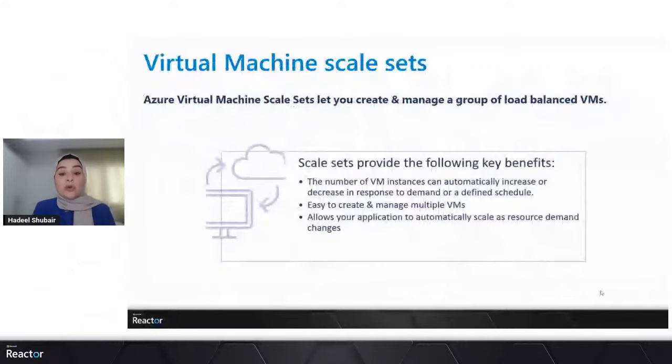It is very easy to create and manage multiple virtual machines with virtual machine scale sets. It also allows your application to automatically scale as the resource demand changes. So you can add virtual machine instances as you need, and you can simply remove them when you don't need them anymore. This is what virtual machine scale sets are.